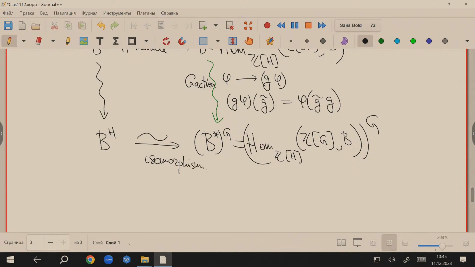So the functors are just the same. What are these maps?